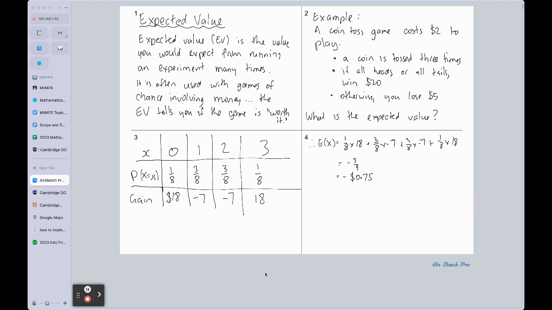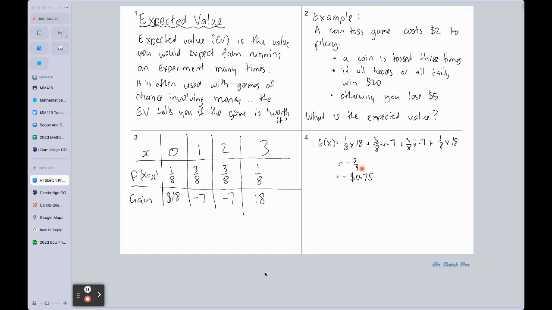Now, what does that mean? That means that per game, you could lose 75 cents. Now, that doesn't really make sense, does it? You either win $20 or lose $5. How can you win 75 cents or lose, in this case, 75 cents? And the answer is this is an average value.